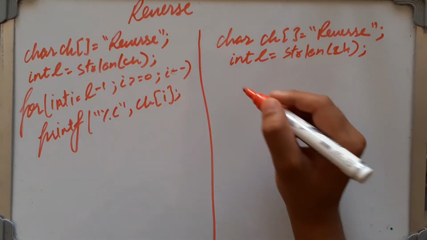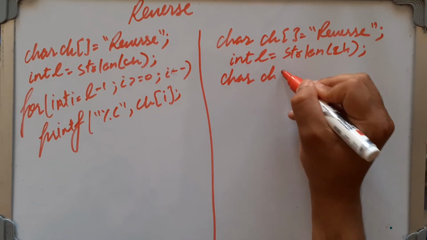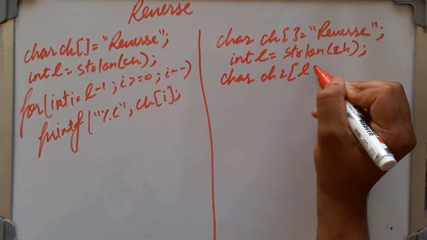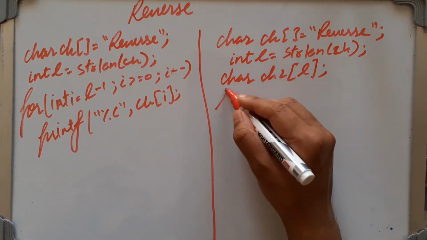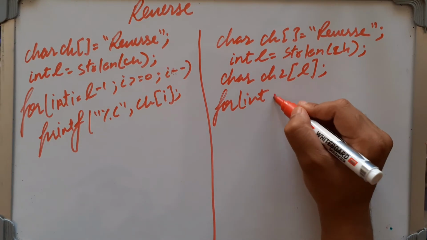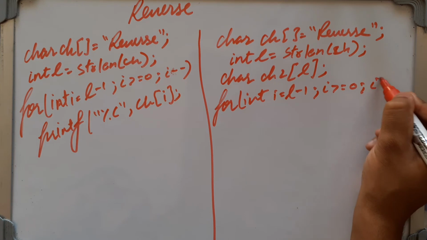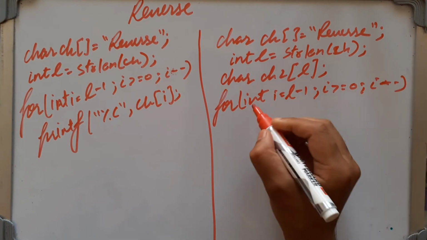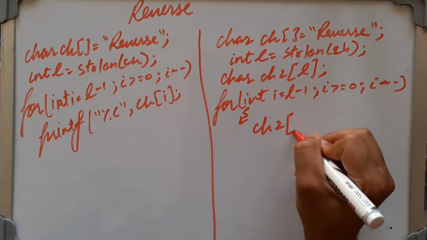Or other than this, you can use char ch2 and L. You can use another string, in which you can store that character. Like you can use the same for loop, int I equals to L minus 1, and I greater than or equal to 0, and I minus minus. You can use the same loop, and you can put those values like ch2.